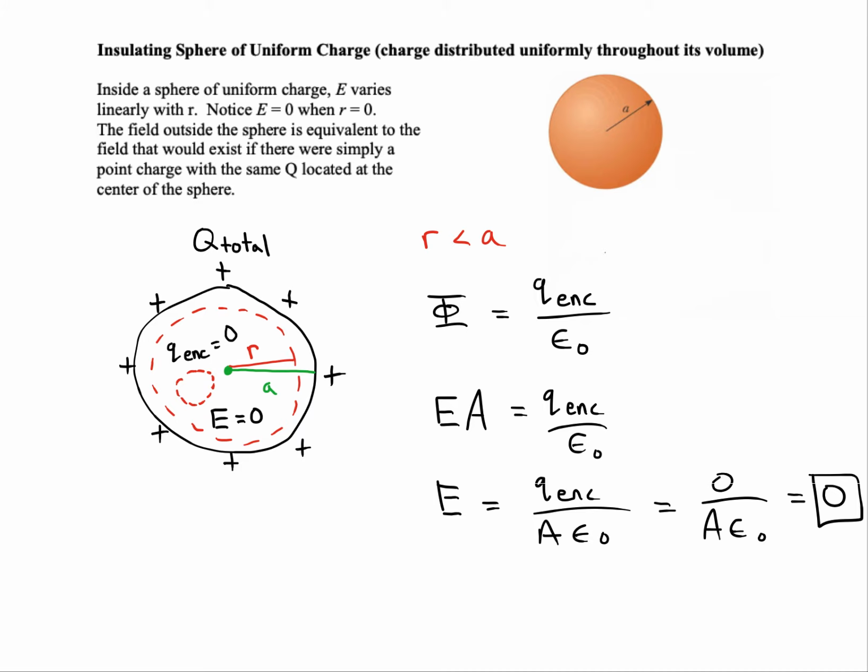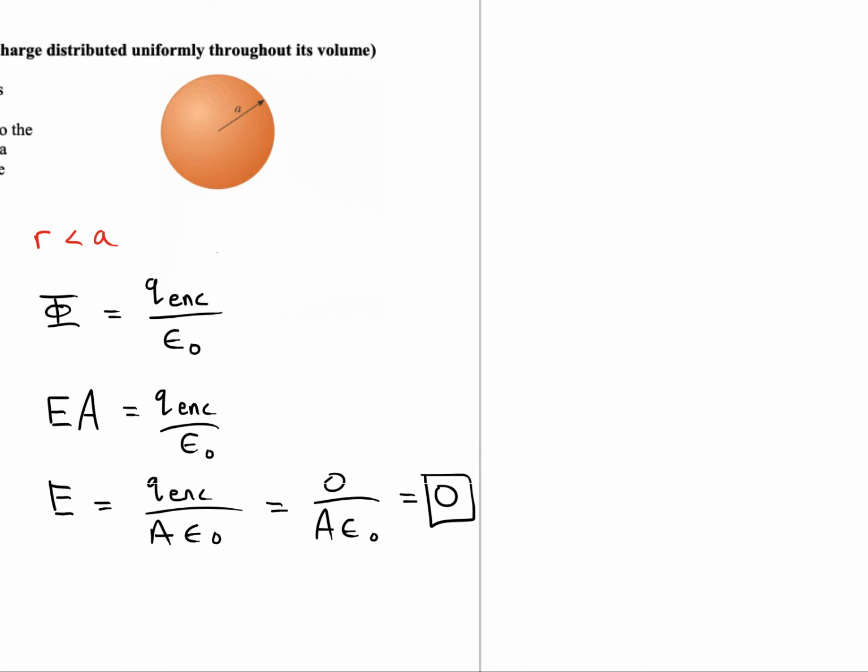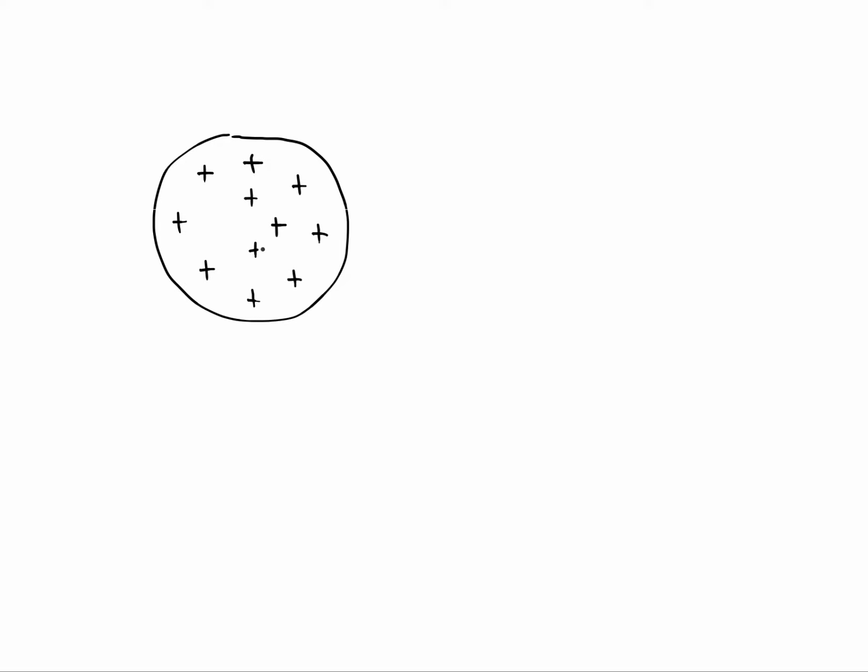Now let's do a little bit more complicated one. Let's try one where there's a sphere of uniform charge density inside the object itself. Here, the excess charge is not just concentrated on the surface, it's all throughout the object.